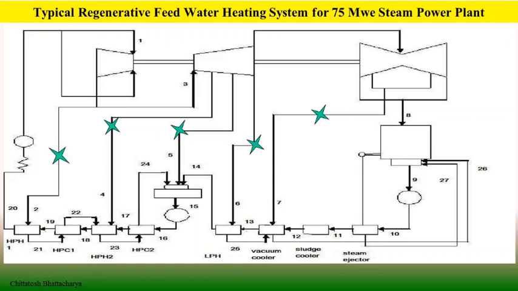This schematic layout we are trying to analyze with the specific quantity of steam flow, and there is a thermodynamic table attached with the pressure and temperature parameters with reference to specific process points, and these are discussed in the subsequent slides.